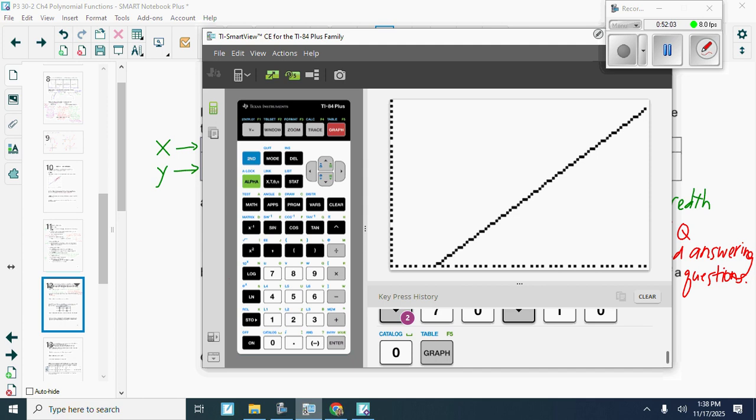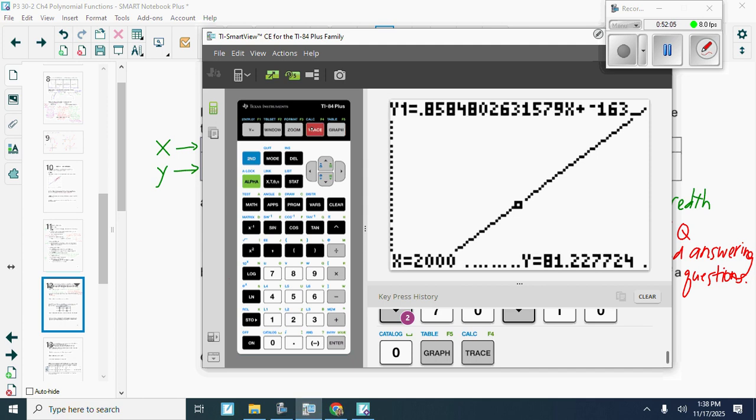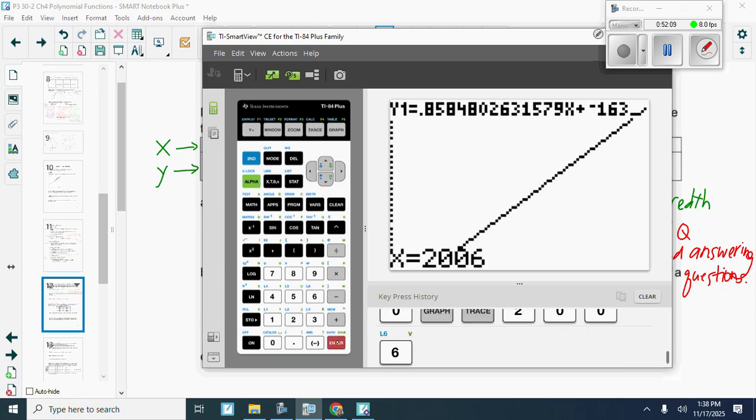If you hit trace, trace is where you tell it the x value. If you type in 2006 and hit enter, it will tell you the value of the furthest distance traveled by a bicycle in 2006. It says round to the nearest hundredth, so 86.38.